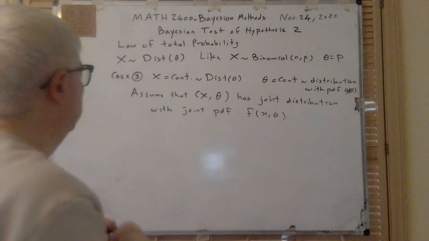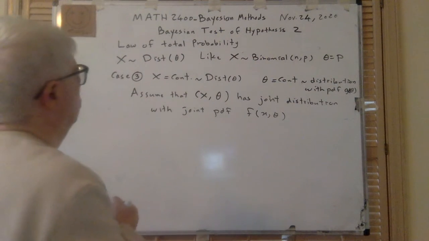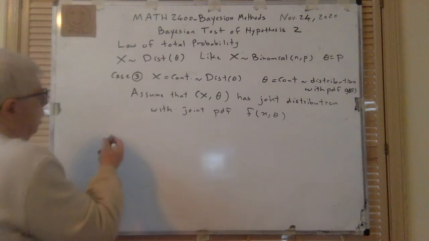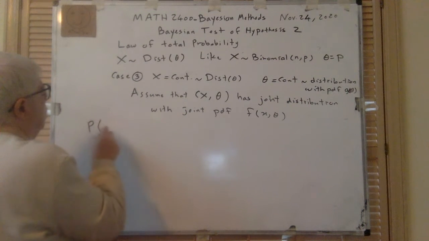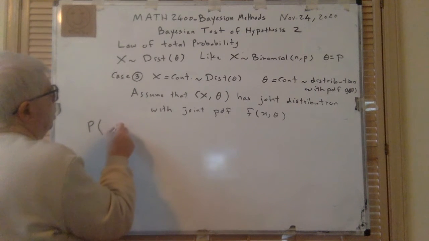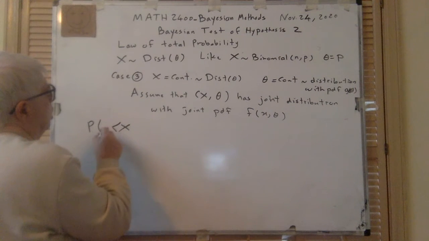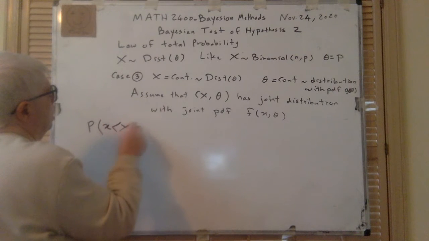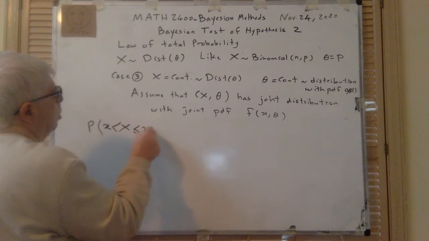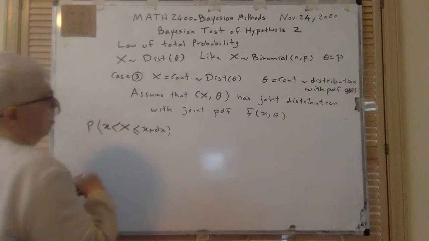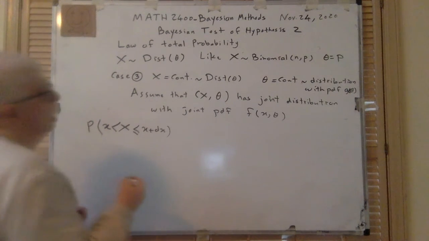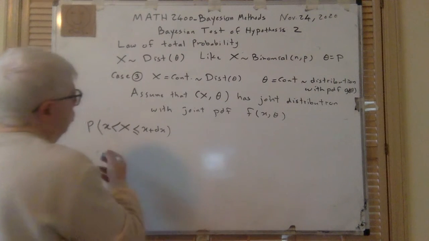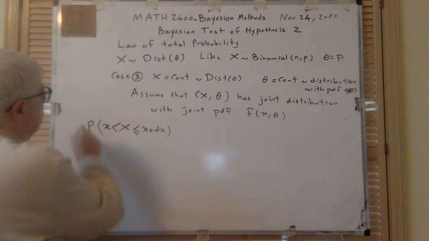Okay, so in this situation, what are we trying to find? We are trying to find the probability that X is between x and x plus dx, because it's continuous, so it's not fixed at some point. So we have to find the differential of this thing.